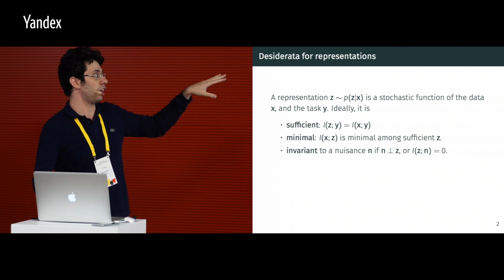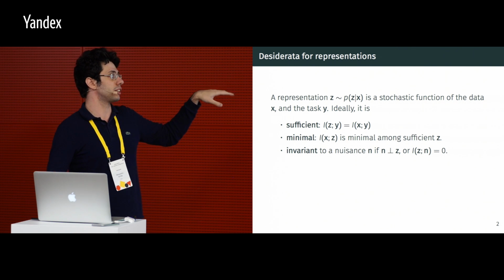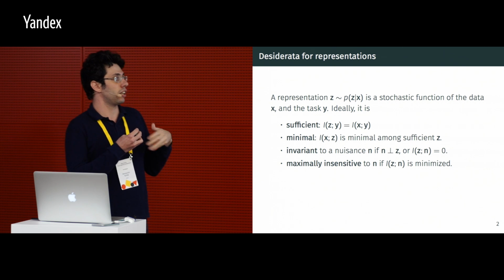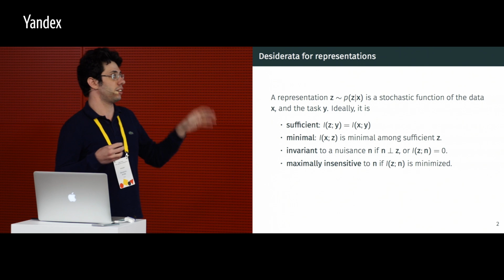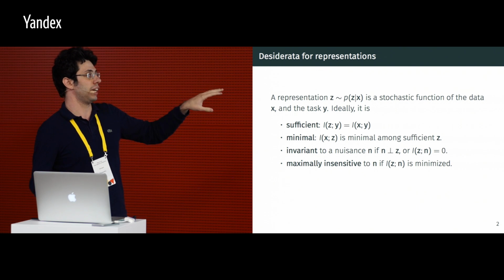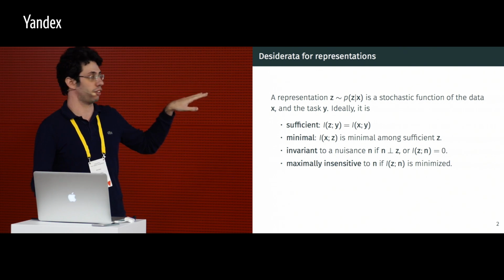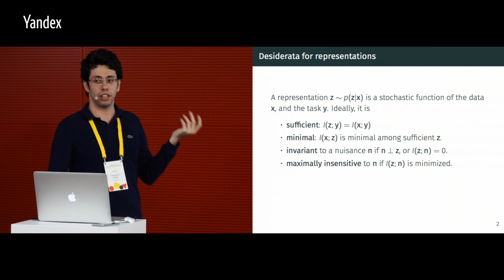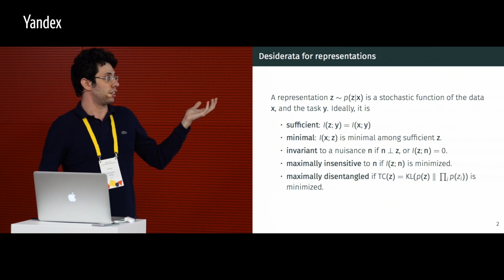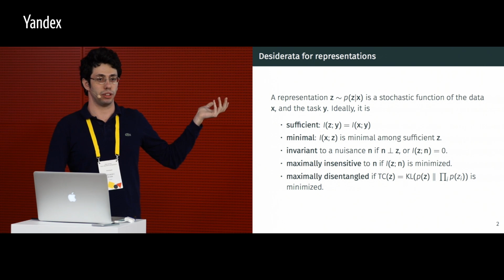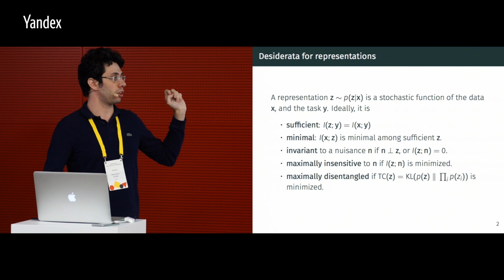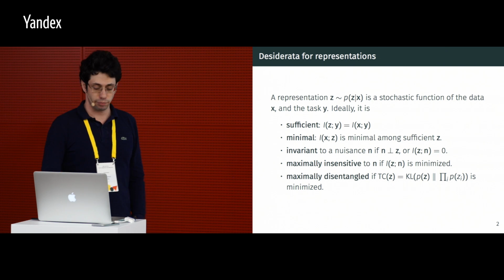And if invariance is too much to ask, we would like at least the representation to be maximally insensitive to the nuisances, meaning that it is as little related as possible to all the nuisances affecting the data. And finally, we would like the components to be independent, as measured, for example, by the total correlation of the components, also called the vector mutual information.